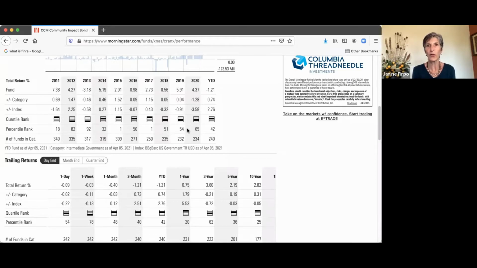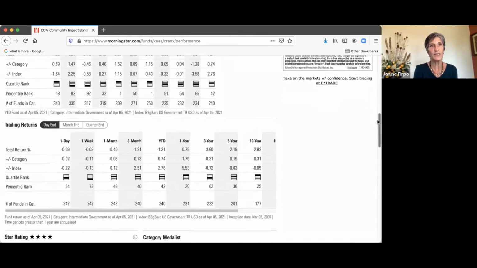For me, there are so many different indexes and so many different benchmarks that those don't necessarily serve as the best measurement for me in terms of how I compare different bonds.